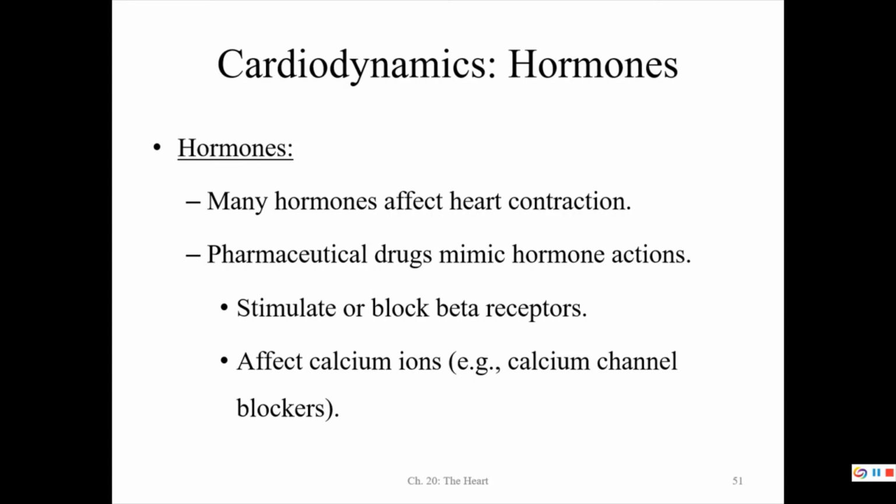Usually you can go in and find a blocker like a beta blocker or something like that, or stimulate them. There are anti-inotropics or positive inotropics, pro-inotropic drugs, things that make positive inotropics.